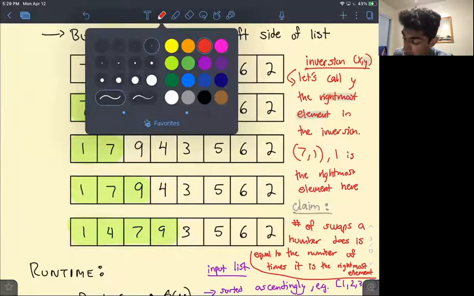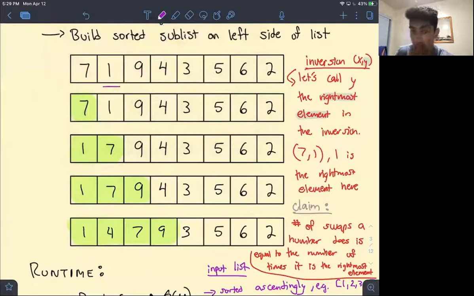Let's start off with the number 1. How many inversions exist where 1 is the rightmost element? The only inversion where 1 is the rightmost element is the inversion 7 comma 1, right? 1 is the leftmost element in 0 inversions, and it's the rightmost element in 1 inversion.